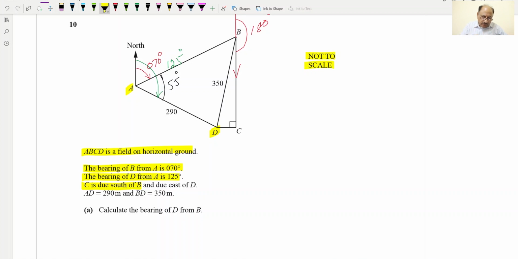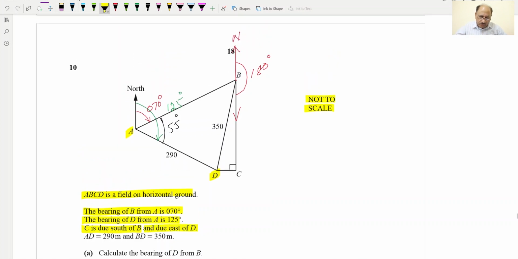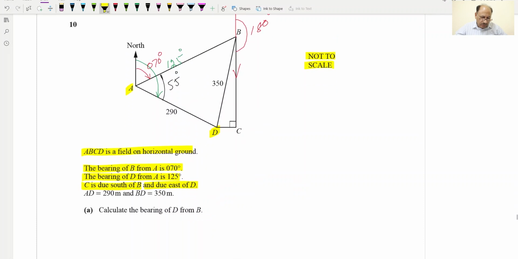And C is due east of D. So this direction is towards east, and this opposite direction will be towards west.